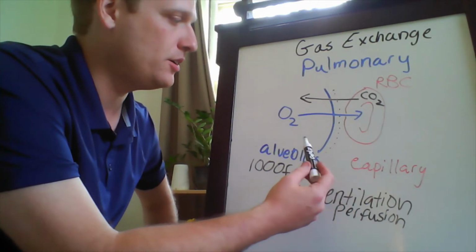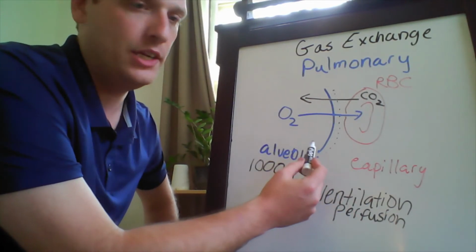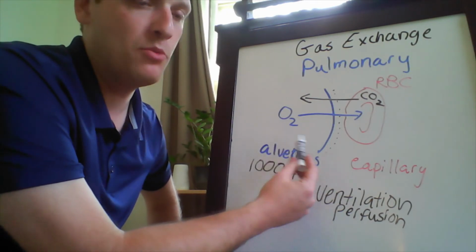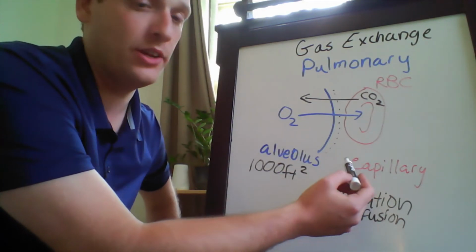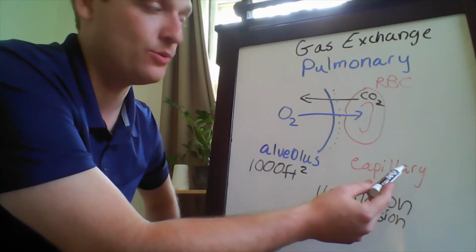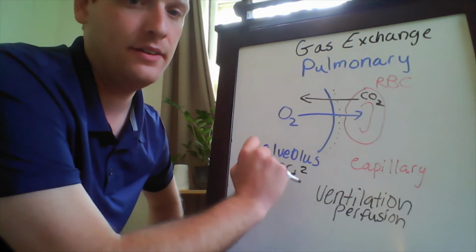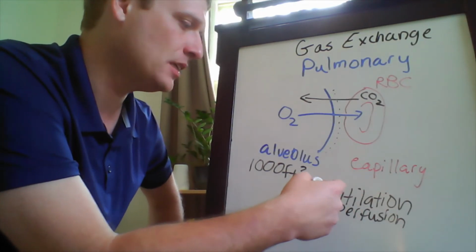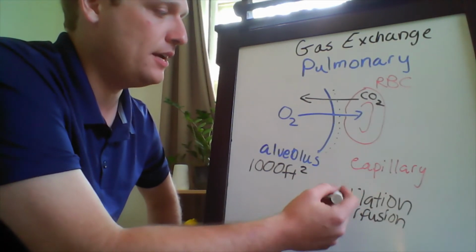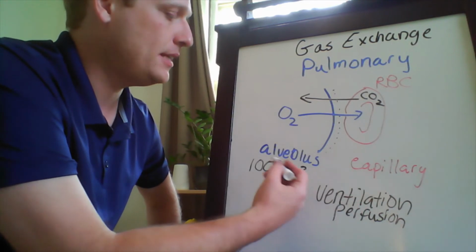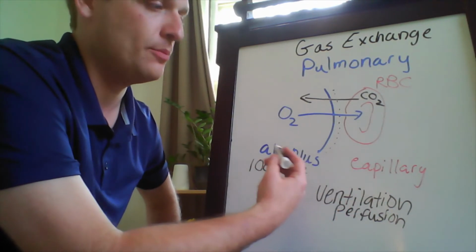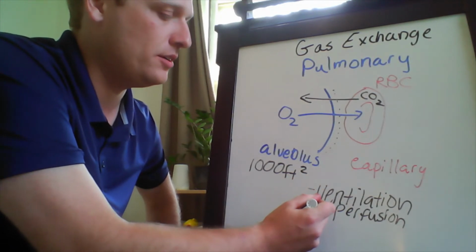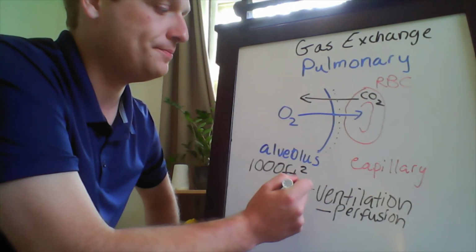So the smooth muscle in your bronchioles will relax to allow more air to get to a place where there's high blood flow, where there's relaxed smooth muscle in the capillary, for example, or before the capillary. So your lungs and these capillaries, the bronchioles and the capillaries, are going to match the rate of ventilation with the amount of perfusion.